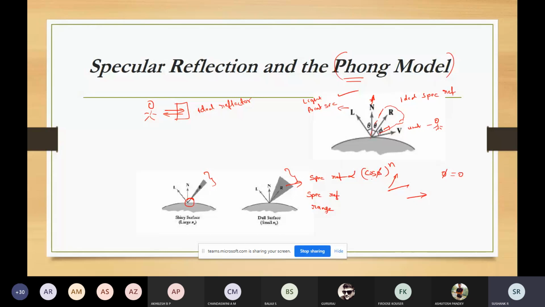You know that phi is the angle between R and V, and the value of phi will be in the range of 0 to 90 degrees.